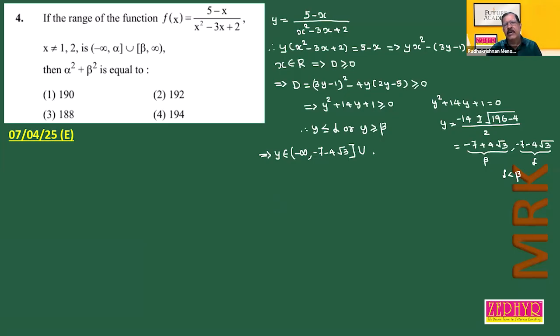Union greater than or equal to beta means semi-closed interval. What is beta here? Minus 7 plus 4 root 3, to infinity. So we got alpha and beta.